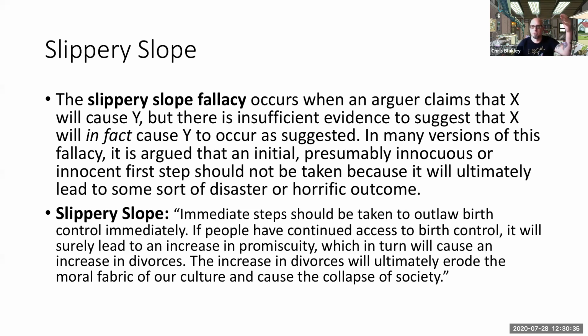So birth control, collapse of society, where there's a long causal chain of events where taking that initial step, having access to birth control, where there's not enough evidence to suggest that that will lead to increases in promiscuity and then increases in divorce and then the erosion of our moral fabric and then the collapse of society.